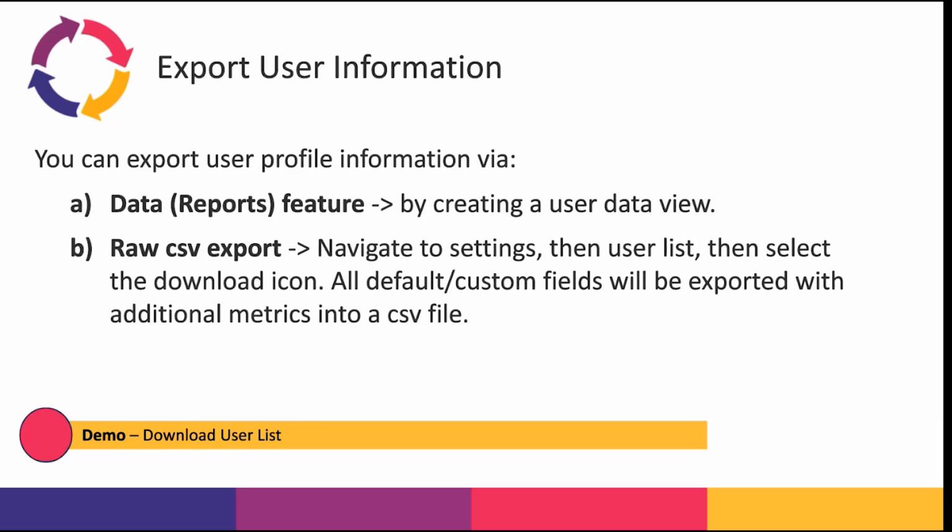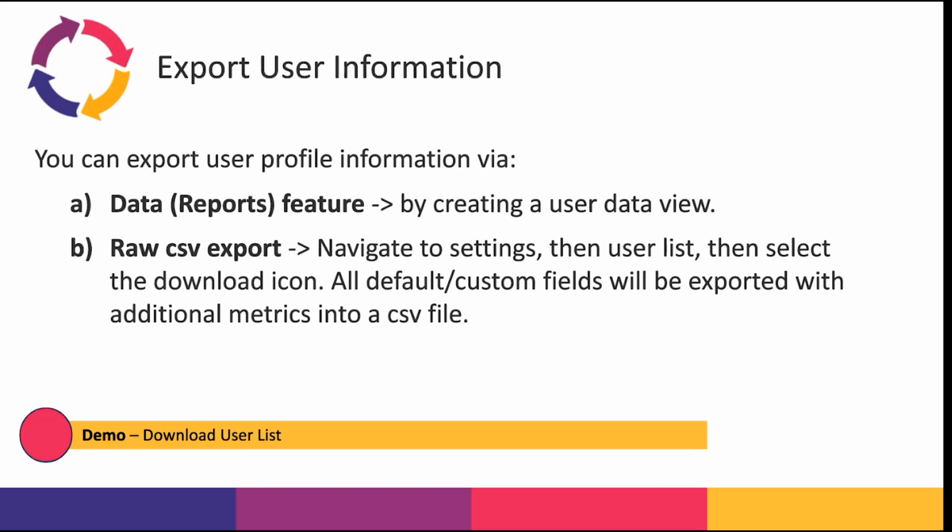Okay, so exporting user information, you can export all of the information related to the user profile. So that's all of the fields we just covered in the previous slide, including custom fields. As well as how active the user is via two methods. The first will be by the reports feature.